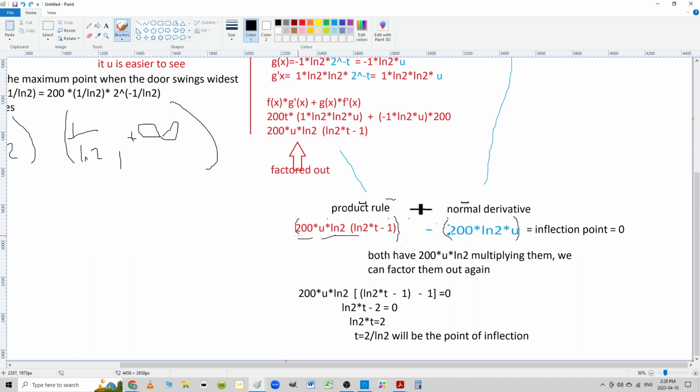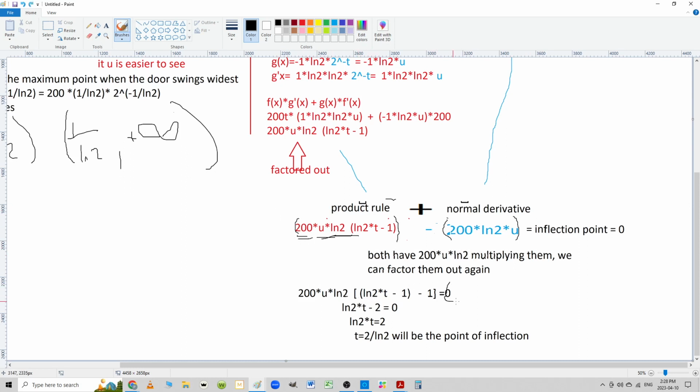Well, notice I've got a 200 and a u and a ln 2 here. I'm going to factor that out. I'm left with this bracket right there, which is ln 2 times t minus 1. And when I factor all that out of this, it's minus 1. Because I divided everything on both sides. If you want to prove it to yourself, just expand this again, and you'll get back to that.